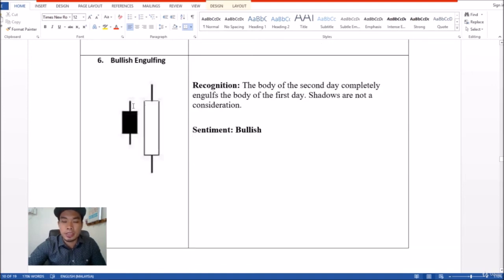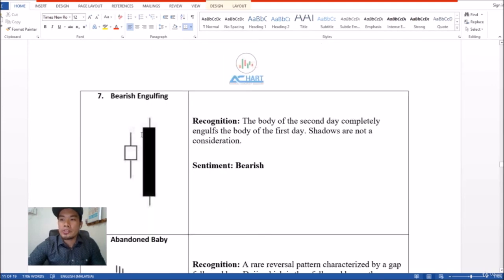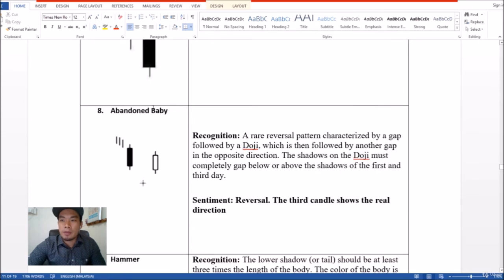Bullish engulfing, we need two, and bearish engulfing, we need two. For abandoned baby, this is quite different because we need three candles in order for it to form.